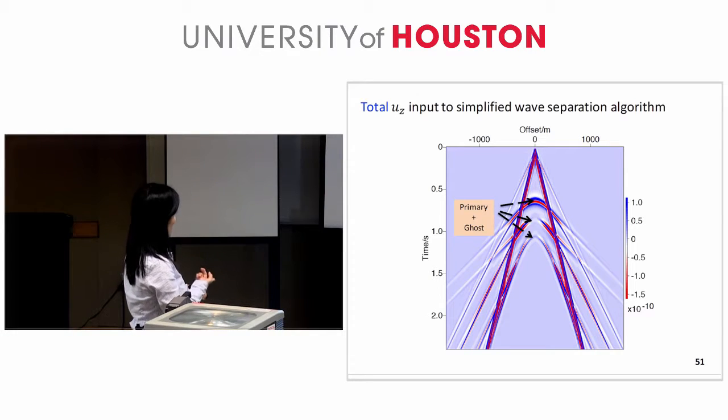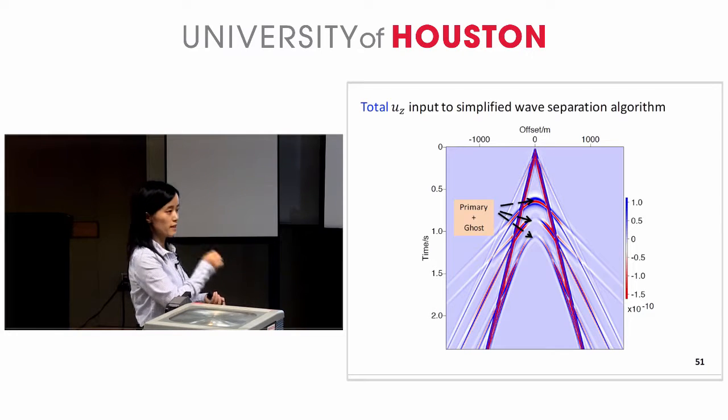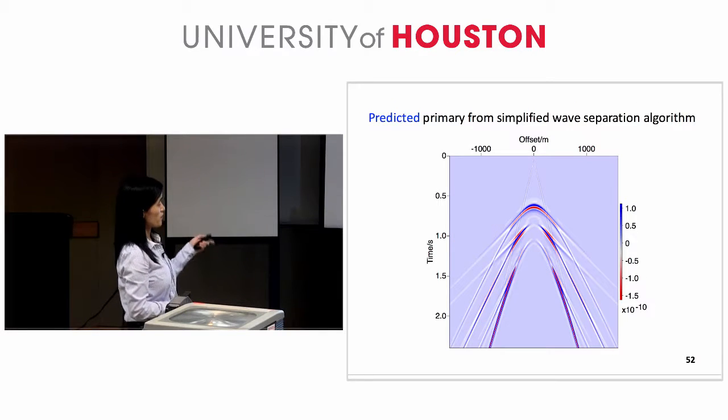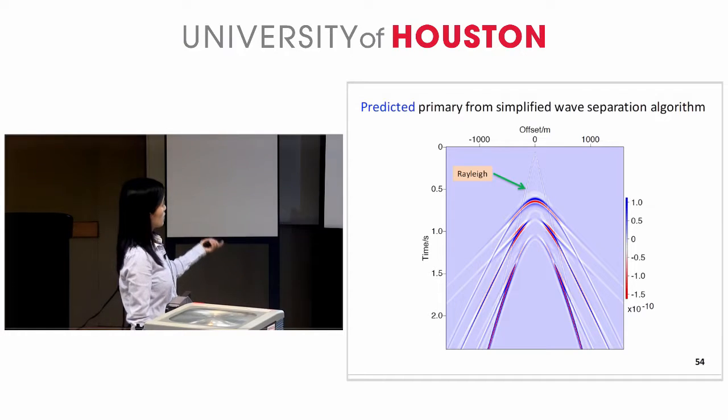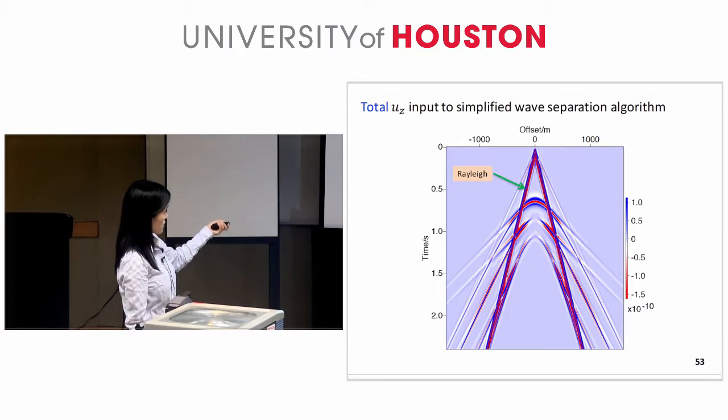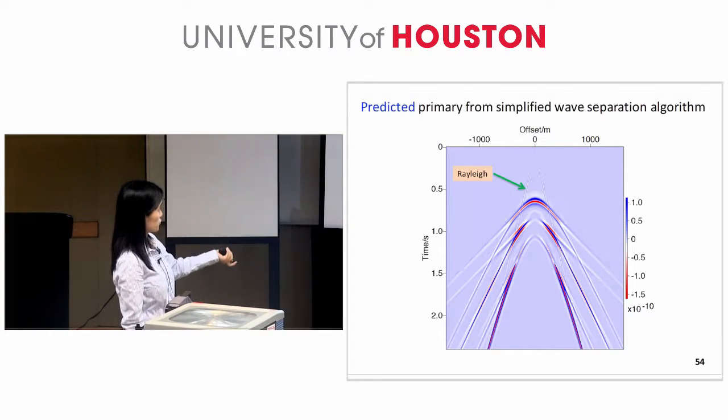Now we put this data into that simplified algorithm that assumes the data is generated in the vacuum Earth, which is not true. You will have this predicted result shown in this slide. So now let's flip back and forth. You can see this is the total wave, and this is the prediction result. The majority of the energy of the relay wave has been removed in your output result.